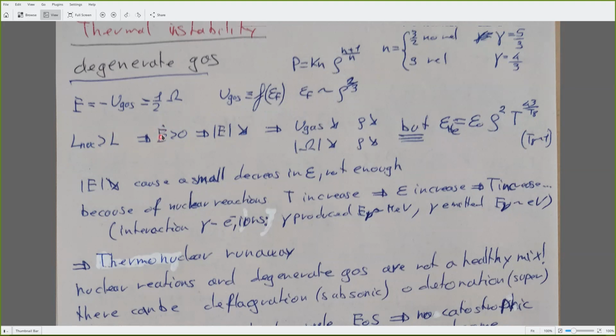This means that the total energy will increase with time. That means that its absolute value will decrease. That means that the internal energy of the gas will decrease, and so the density. And here is the problem. We have no more a connection with the temperature.